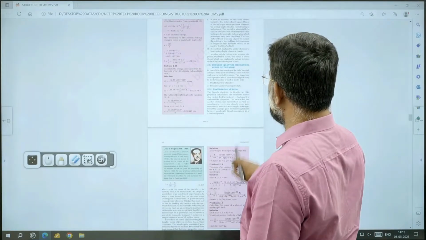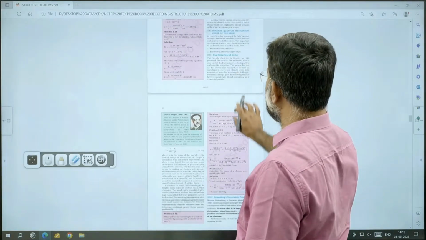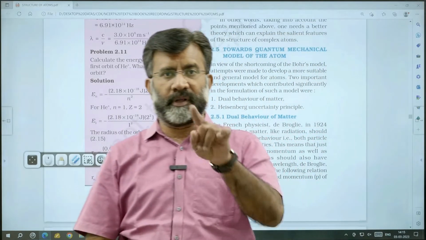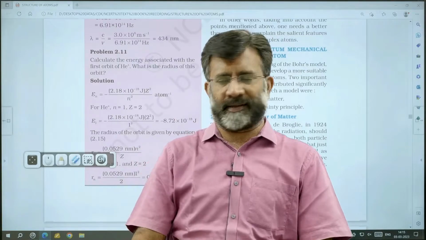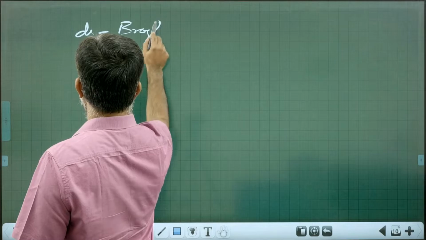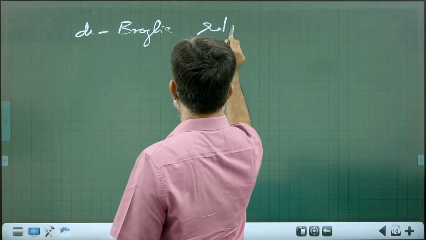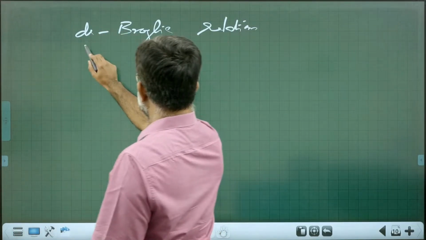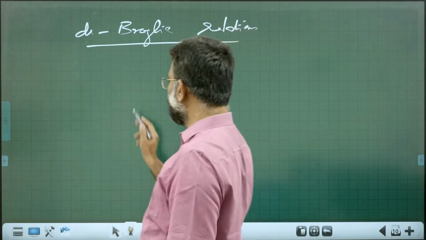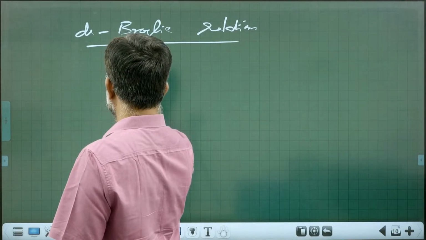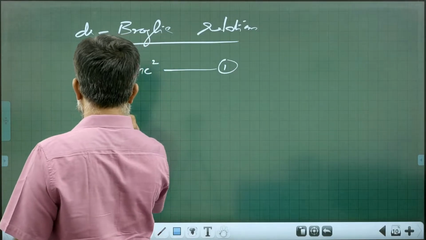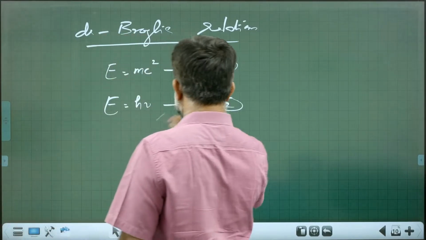Then towards the quantum mechanical model, dual nature of matter, de Broglie relation, explaining dual nature of matter, right? Hope you remember what you studied. E equal to mc square, particle nature of matter; E equal to h nu, quantum theory.